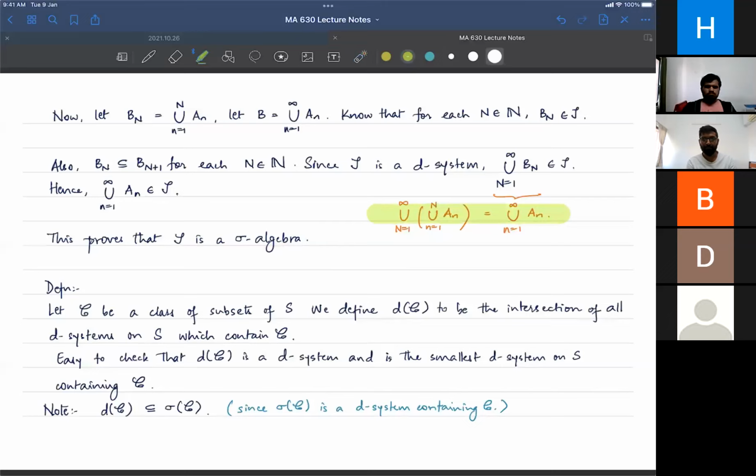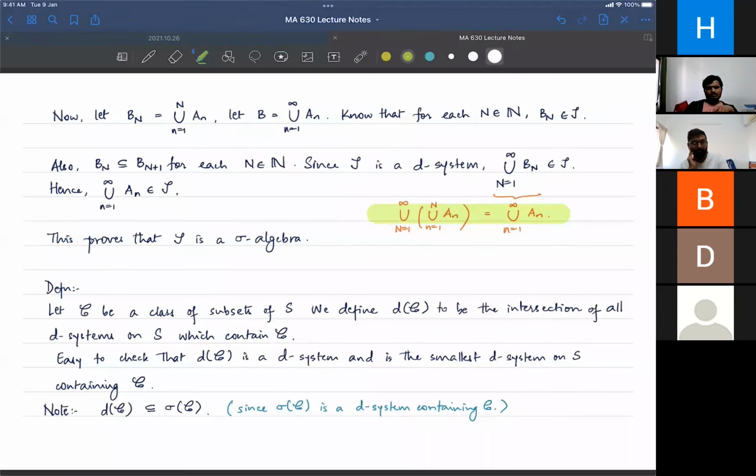Here's how we got rid of it. You want to put together A1, A2, A3 up to A infinity, right? So I'll take B1 to be A1. I'll take B2 to be A1 union A2. I'll take B3 to be A1 union A2 union A3, and so on. Agreed?